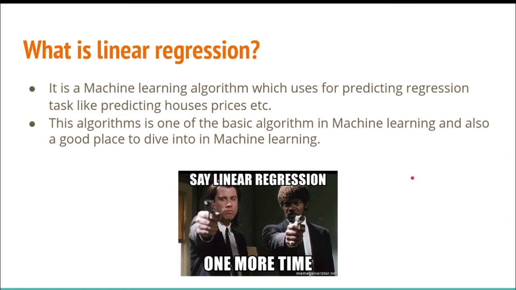Okay, so what is linear regression? First let's start with a simple definition. It is a machine learning algorithm which is used for predicting regression tasks like predicting house prices.